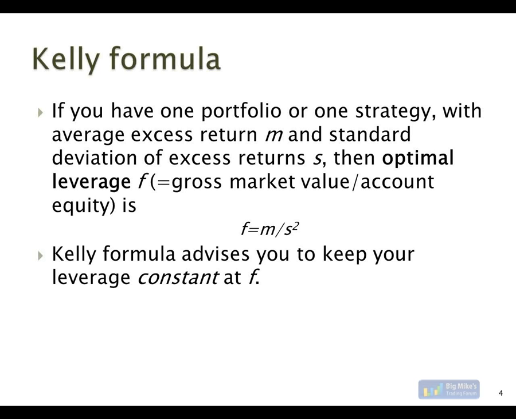So if the annualized return of that trading strategy is 20%, just put 0.2 in place of M. You also need to ask, what is the variance of the return of that portfolio? It might well be 20% again. Then you put 0.2 in place of S. So the leverage will be 0.2 divided by 0.2 squared.